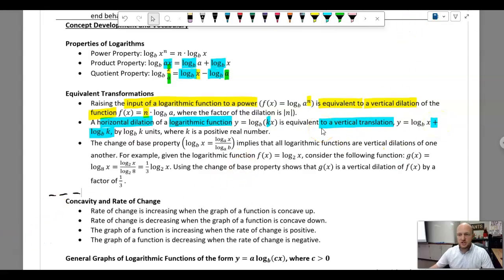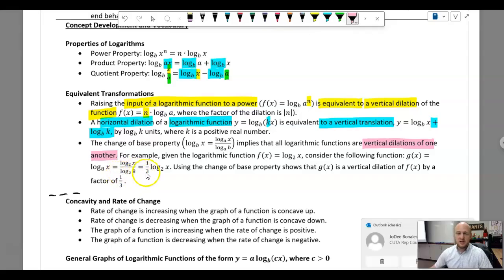And then finally, the change of base property. If I have log base b of x and I change the base, this implies that all logarithmic functions are vertical dilations of one another. For example, if I have log base 2 of x, consider the following function: g of x is equal to log base 8 of x, which is log base 2 of x divided by log base 2 of 8, and log base 2 of 8 is actually 3.